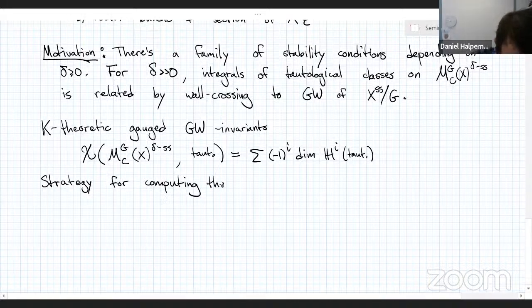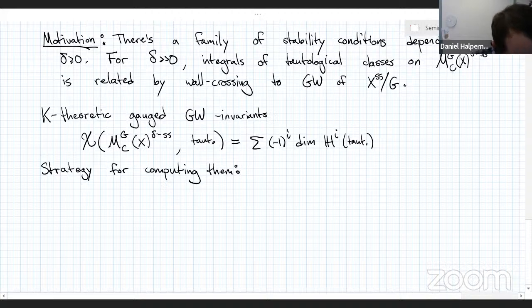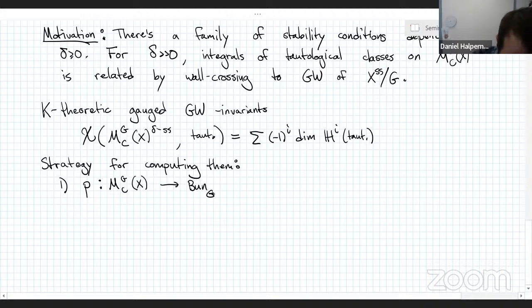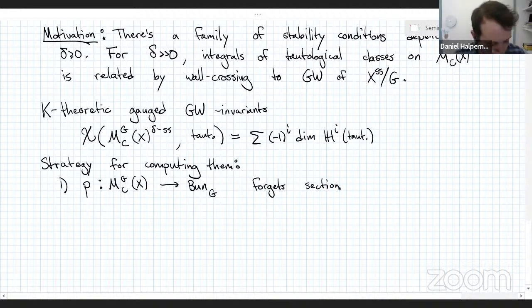And the strategy is a two-step strategy. So first of all, you have a forgetful map. So this was a G-bundle with a section. You have a forgetful map which just forgets the section, forgets the map, basically, just the G-bundle.